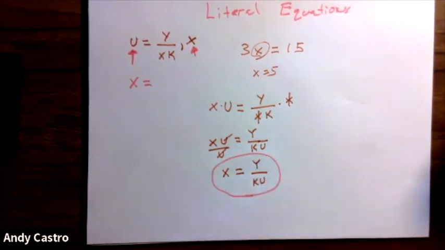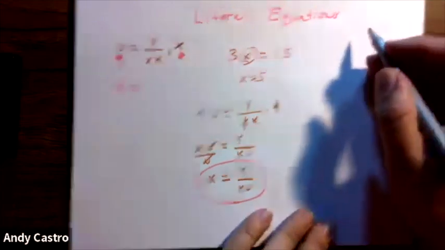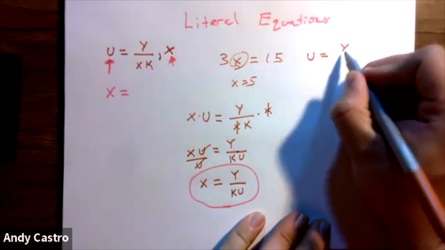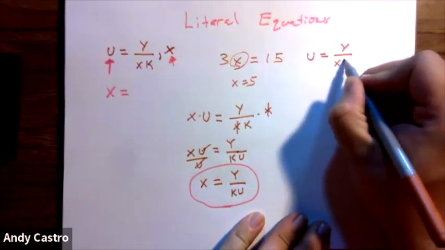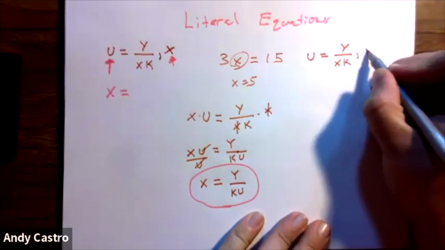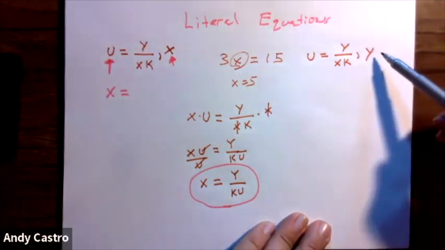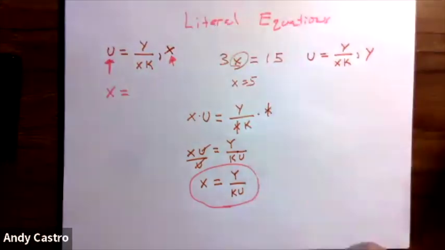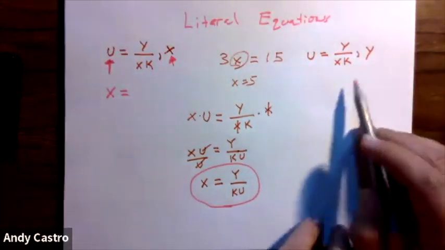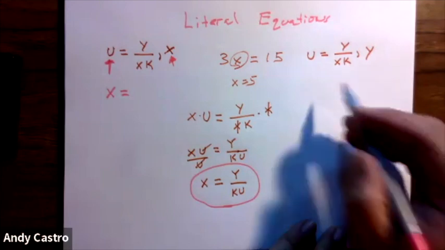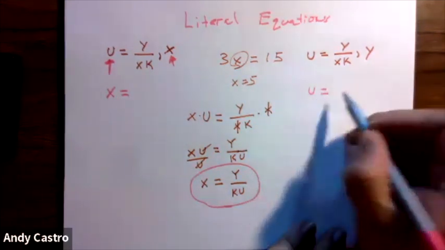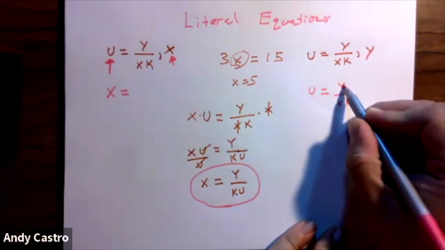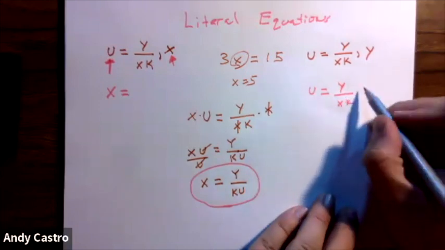Now, I can just as easily have the same equation. So here I'll have u is equal to y divided by xk. And I could say instead of x, I want to solve for the letter y. So in this case, in order to solve for the letter y, to get y by itself, I'm going to multiply both sides of the equation by xk.